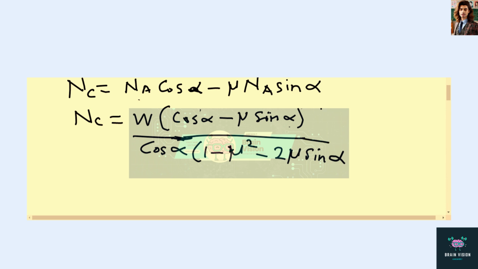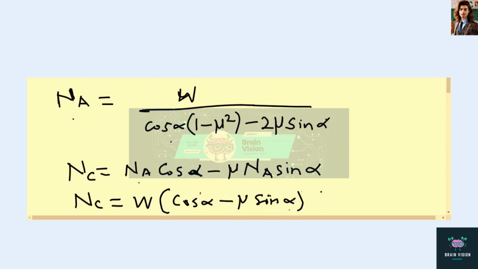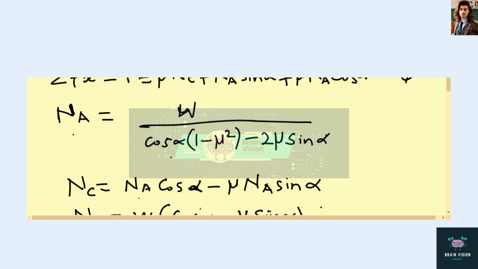So that's what NC will give us. Okay, we've already known NA.